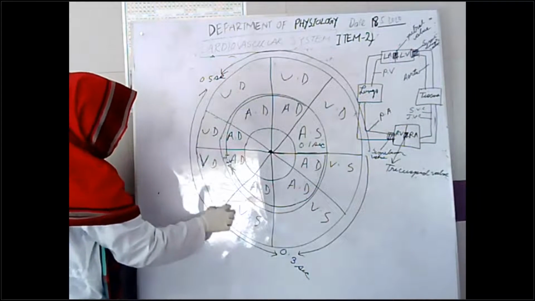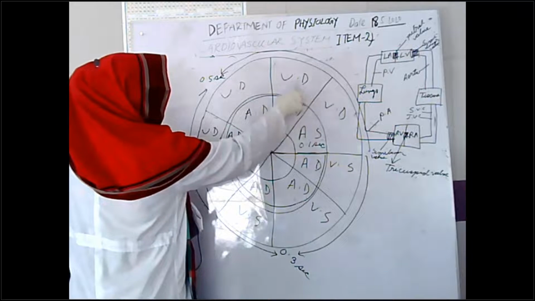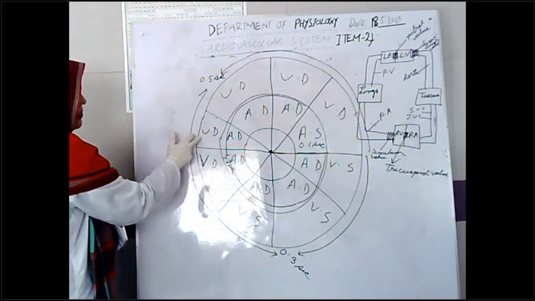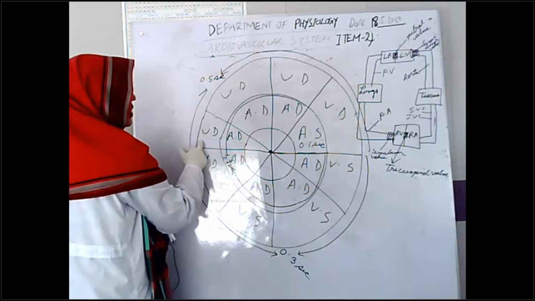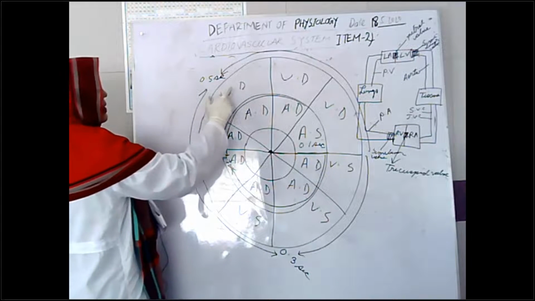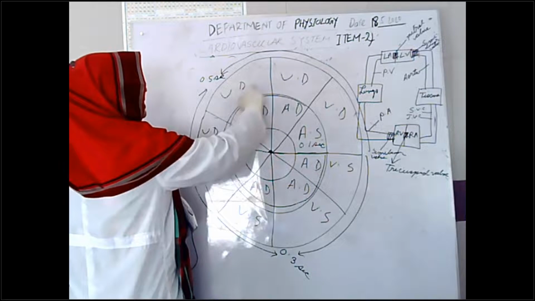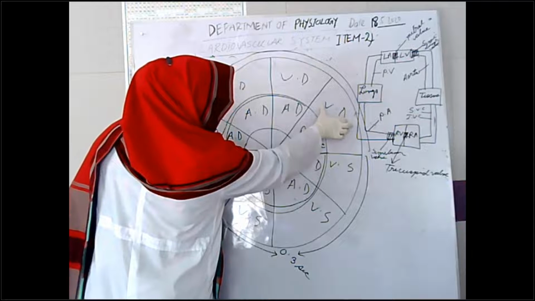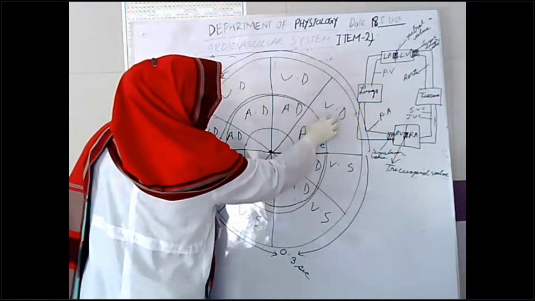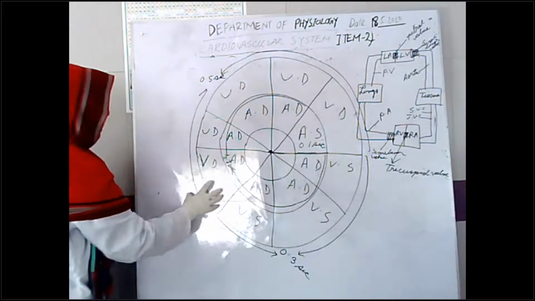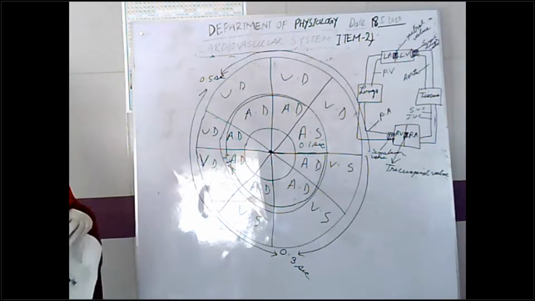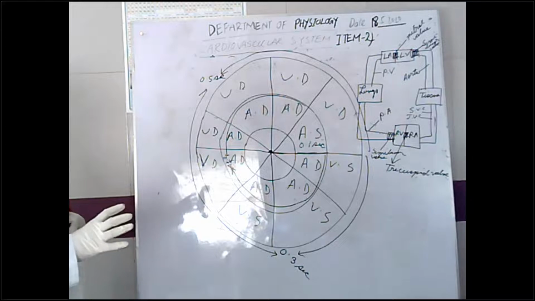There are five phases included in the ventricular diastole. This last rapid filling phase always coincides with the atrial systole. Ventricular diastole means the ventricle gets its blood supply during this phase.